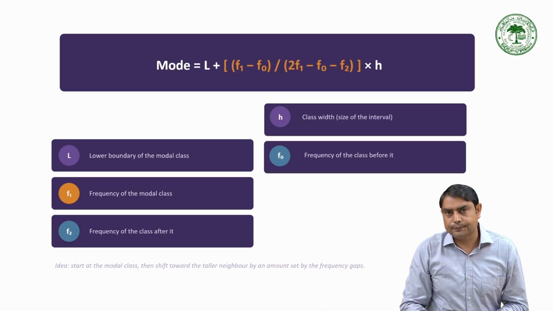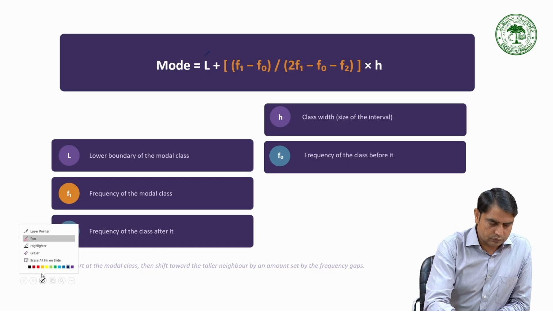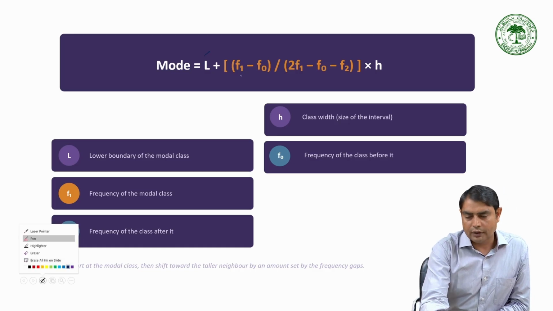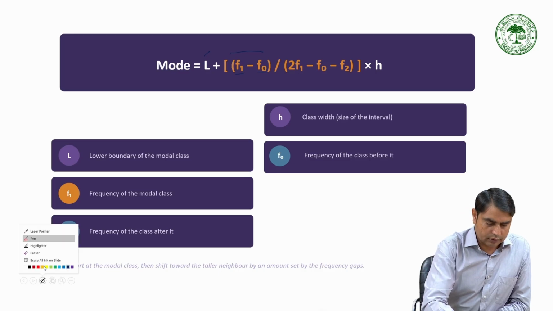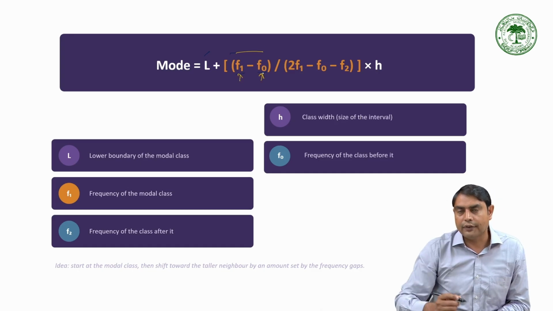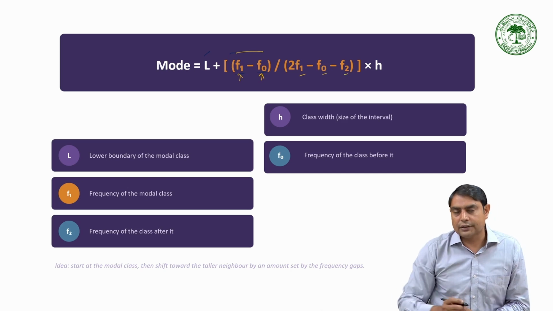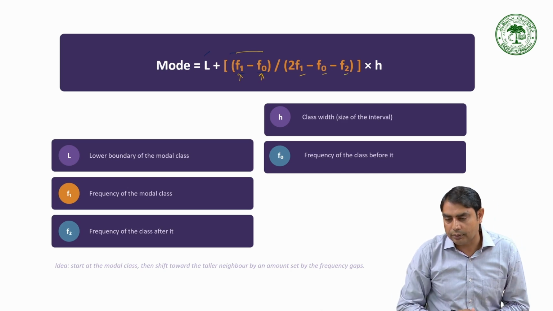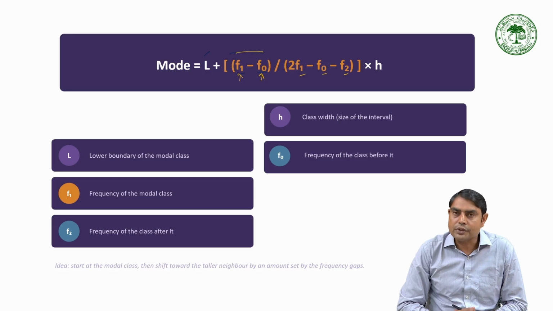This is the formula. Mode is what? Lower limit plus f1 minus f0, which is nothing but the difference between the frequency of the current class and the previous class, divided by, in the denominator, the combination of the previous class, current class, and succeeding class frequencies, and then it has to be multiplied by the class width, which is h, right?